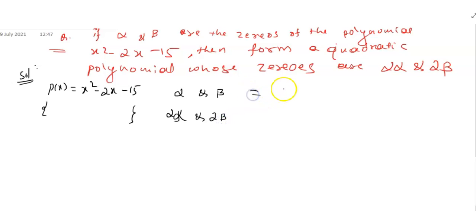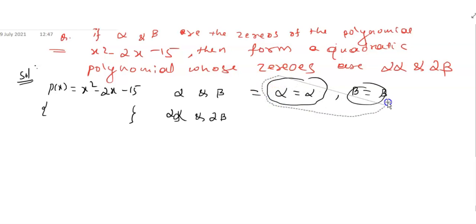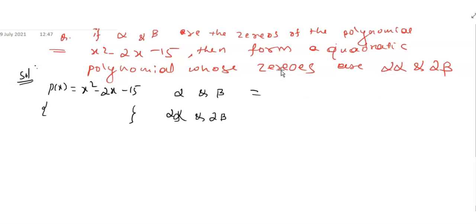Here in this case, the zeros are alpha is equal to alpha and beta is equal to beta. Zeros are like this. I hope you understood. Okay, 2 alpha and 2 beta. So you have to find this polynomial.